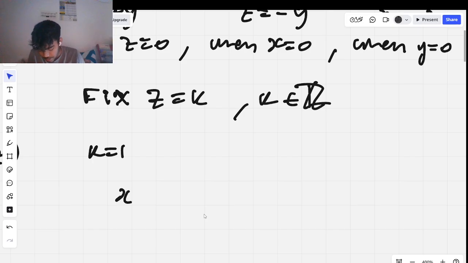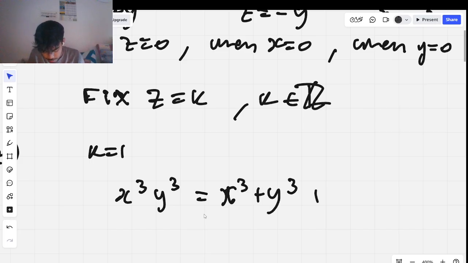So we have x cubed y cubed is equal to x cubed plus y cubed plus 1. And this is a 2D surface. And oh hell, I think this is going to be a hell to sketch. It is similar to our first part, so I might have to take inspiration from there.